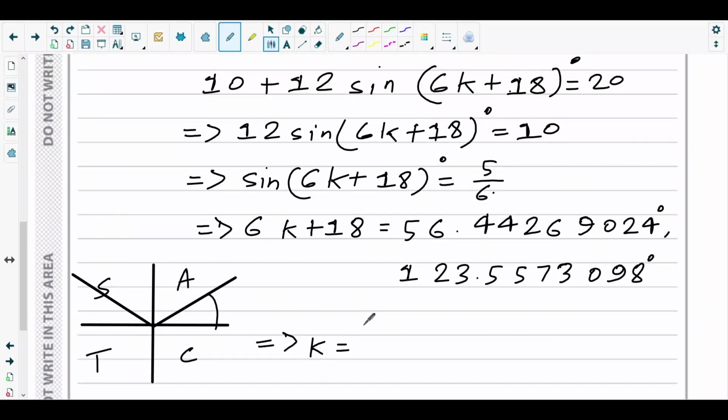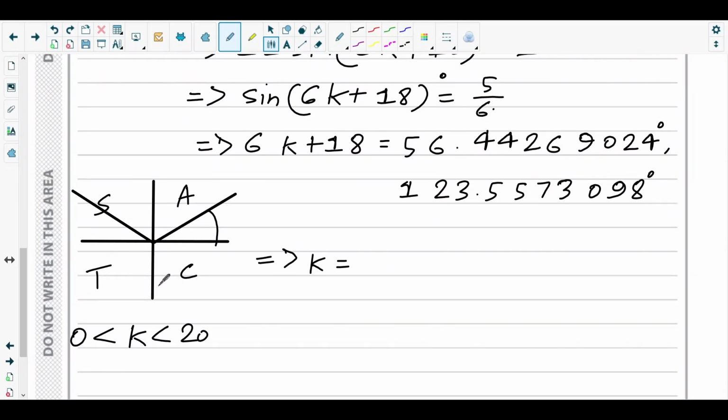Let's figure out the value for k. At first, 56.44269024 minus 18, divided by 6, gives 6.407111504. This is one possible value for k, and it is within 0 to 20, right?